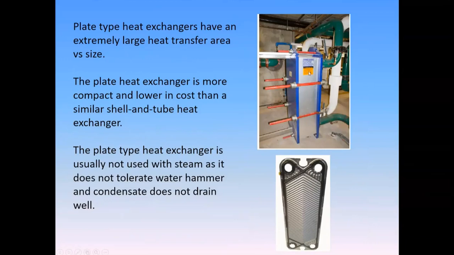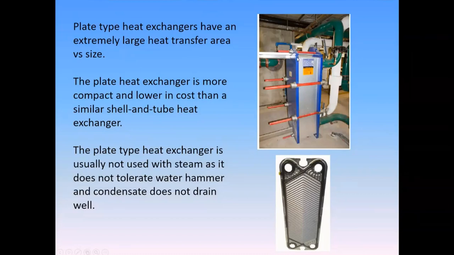So if it gets all fouled up, we can spray it out and clean up what's inside. The other thing that can be done with these is that you can expand the amount of heating or cooling it can do by adding in more plates. So you can take away plates, or you can add plates depending on how much heating or cooling needs to happen inside of these heat exchangers.